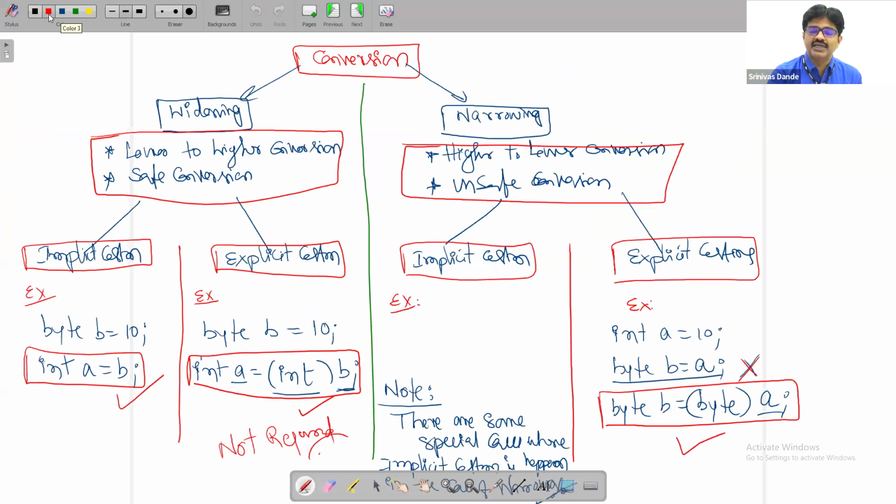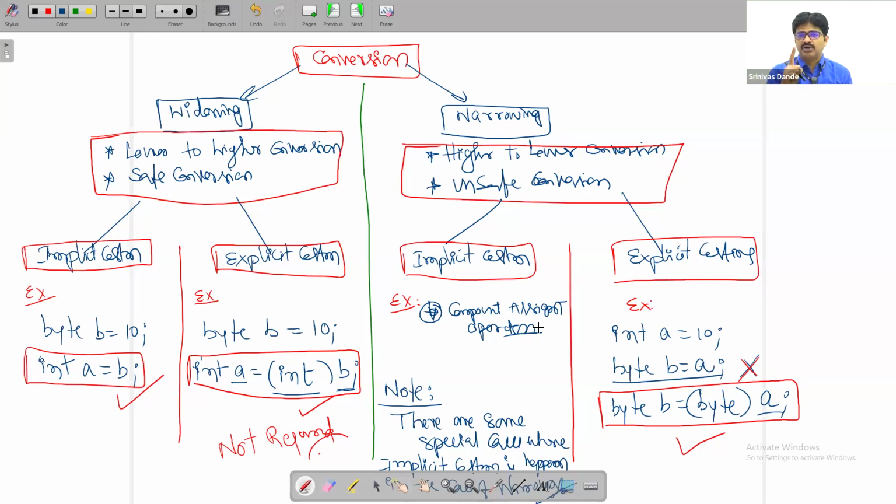So what is the special case, guys? First example. I'll write the compound assignment operators.